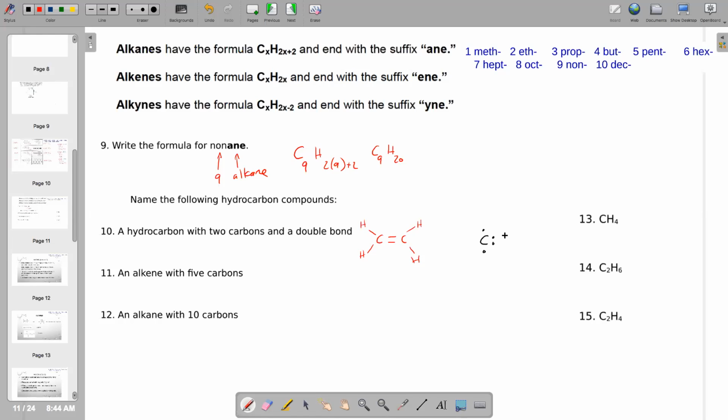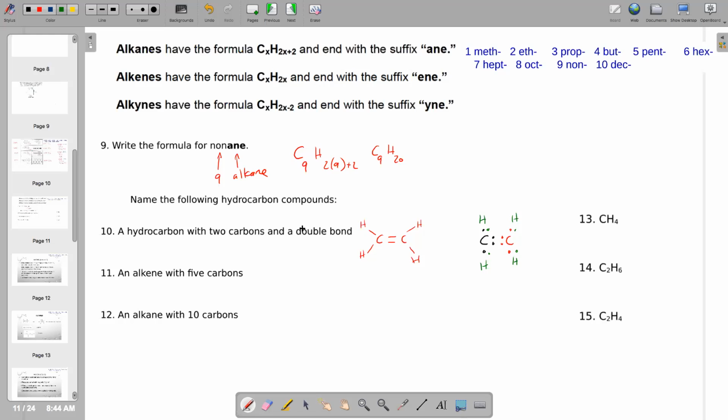I'll put another carbon over here with its 4 electrons, and then hydrogens. Put one up here, put one here, and one here. So in color code are the electrons that belong to each of the carbons. They're the valence electrons. Hydrogens each have 1 valence electron. Each carbon has 2 valence electrons. And this double bond is represented as 2 pairs of electrons being shared by the 2 carbon atoms. So that's a way that the Lewis structure is drawn.